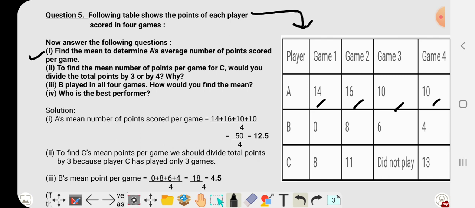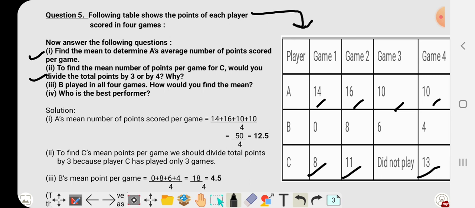Second is to find the mean number of points per game for C. Would you divide the total points by 3 or by 4? Give the answer, and also give the reason. See how many games C has played? 1, 2 and 3. Only 3 games.